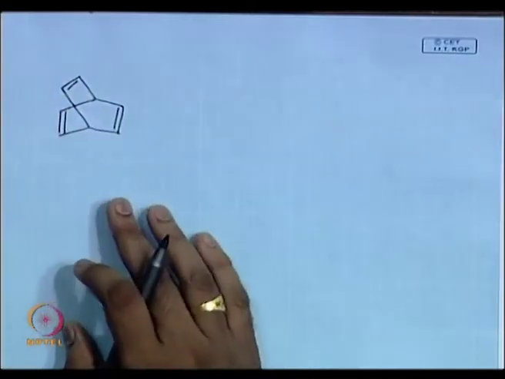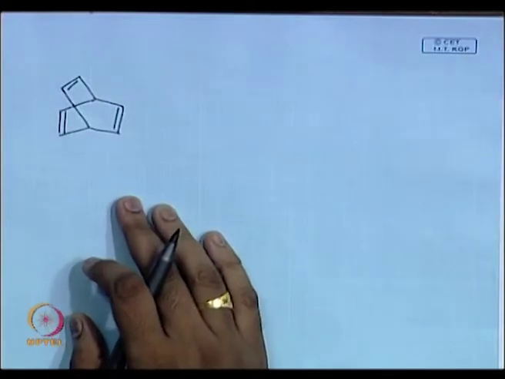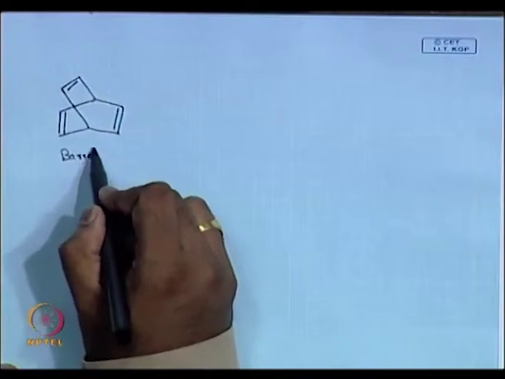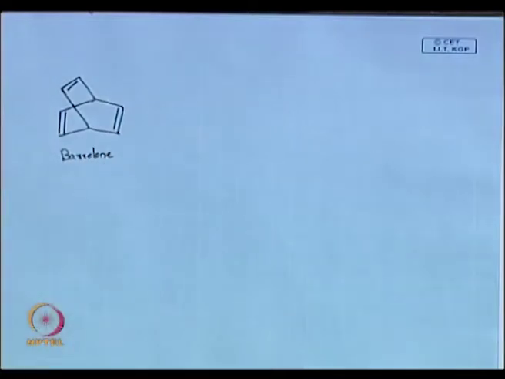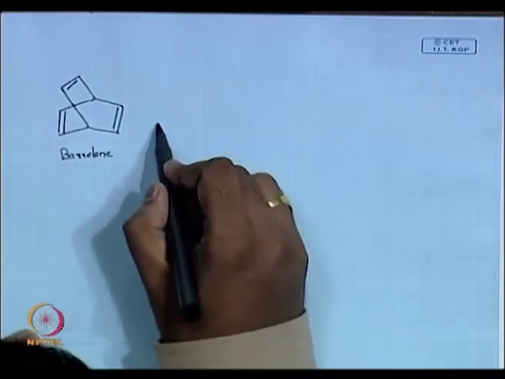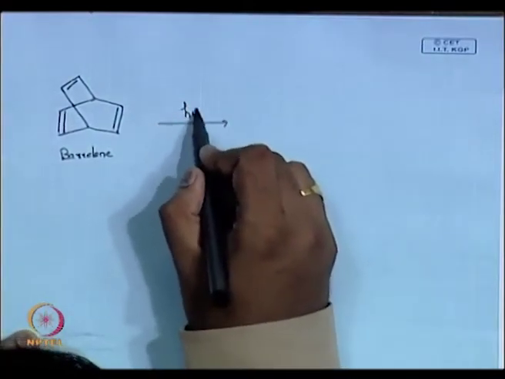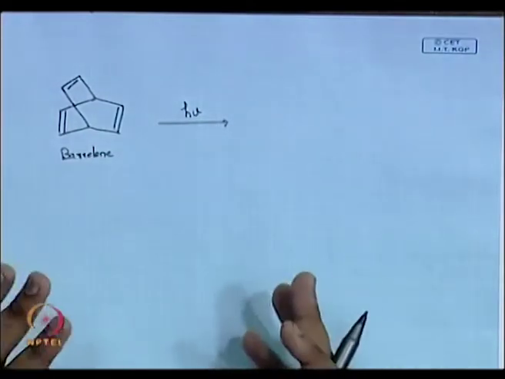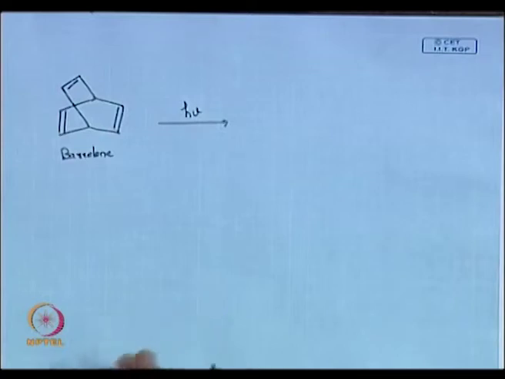So, what is this compound? Barrelene. Yeah. We studied this compound yesterday, in the previous class, right? Barrelene. There I just taught you that it is like a di-pi system. You can see now how it works by di-pi-methane. Okay.